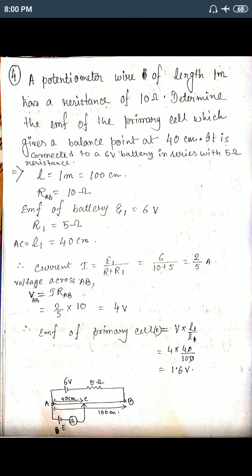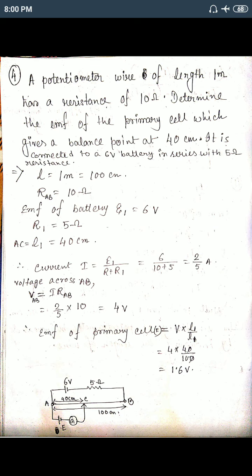Okay, so EMF of the primary cell E, that is equal to what we can write? V into L1 by L. V value we find out for that length AB. So V equals 4, L1 equals 40 by total length, that is 1 meter, 100 centimeter. I hope it is clear to you how we can find out the EMF of a primary cell.